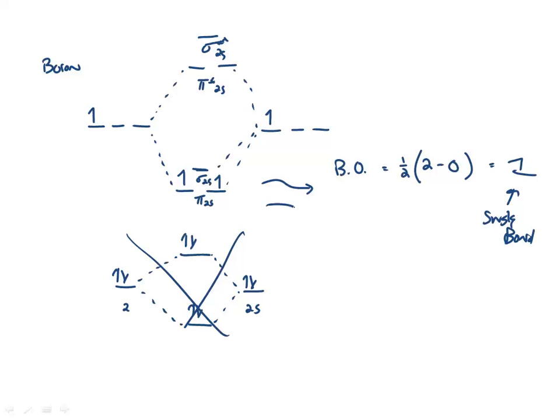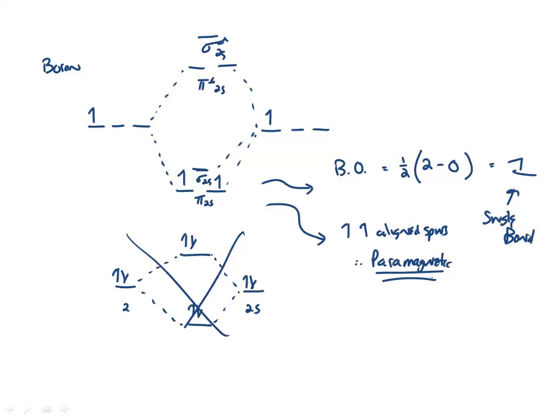But the other thing it also predicts is because it's got aligned spins, it predicts that it should be paramagnetic. And indeed, we see that boron really is paramagnetic, meaning it interacts with a magnetic field.